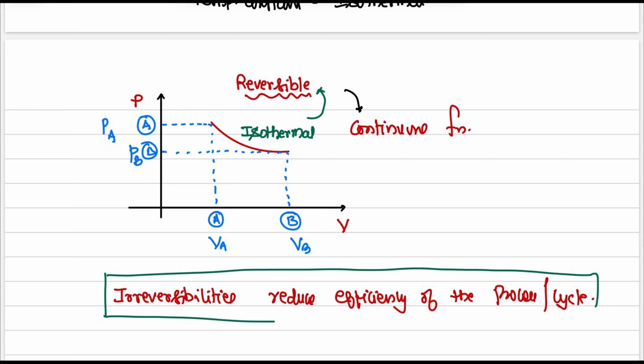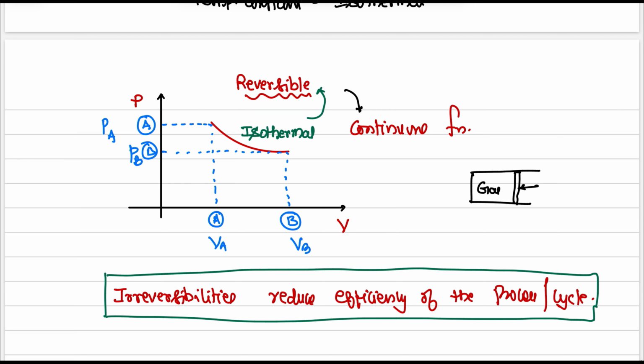The irreversibilities may be due to friction in the piston cylinder system, which I have explained in my previous class. This is the working fluid, gas here.